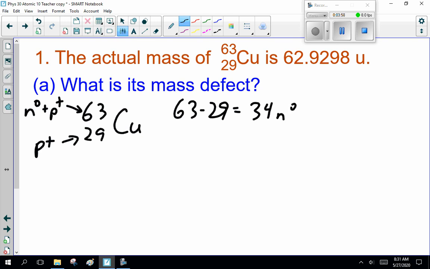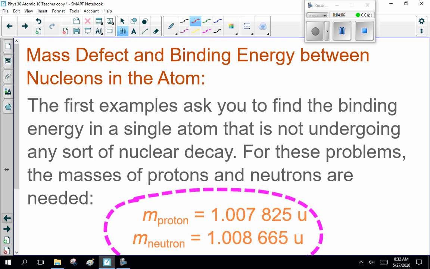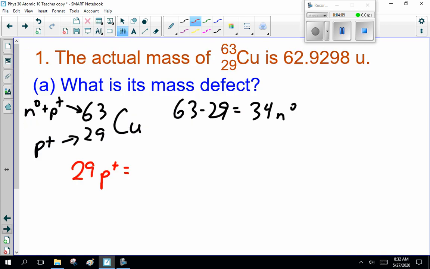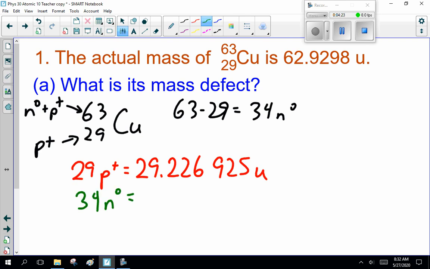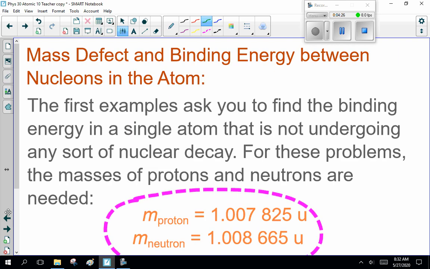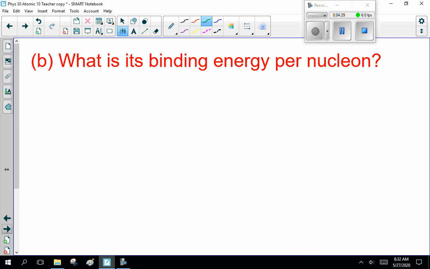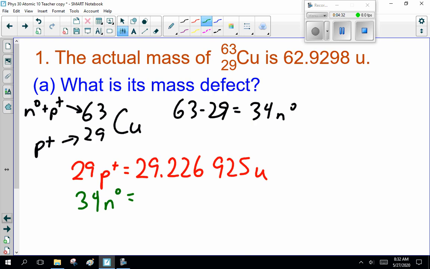So we go 29 protons, 29 times 1.007825 is 29.226925 atomic mass units. 34 neutrons, 34 times 1.008665 units is 34.294610 atomic mass units.